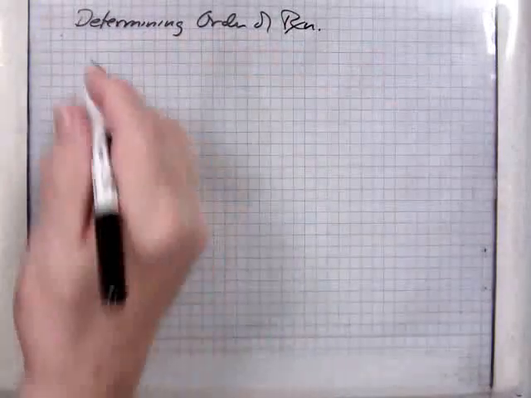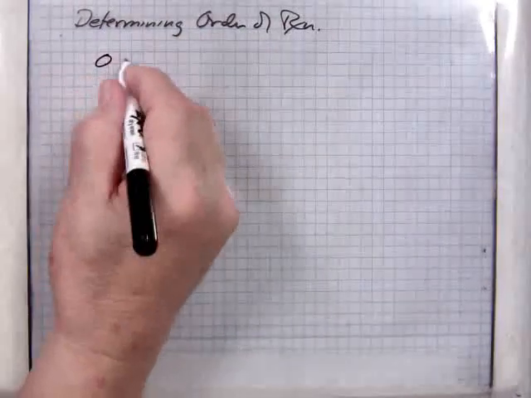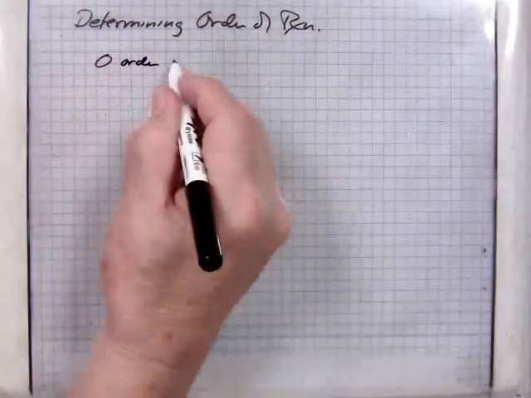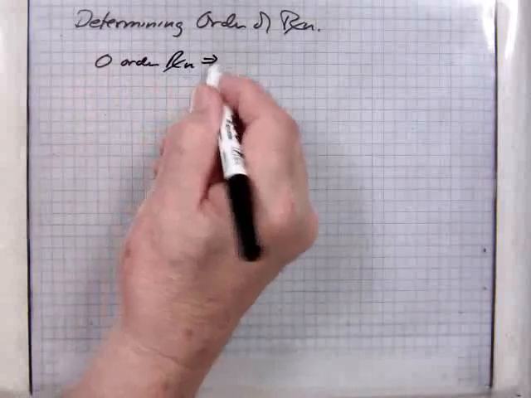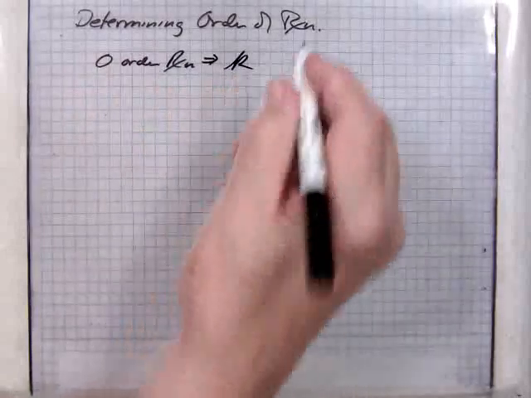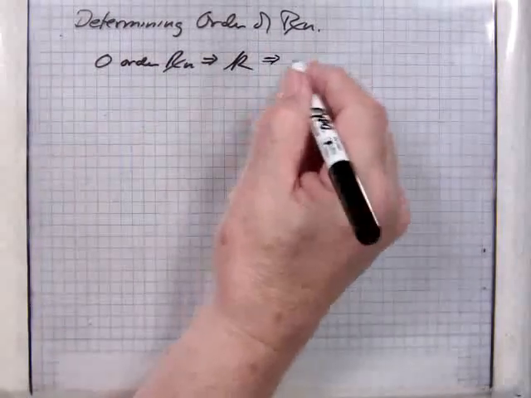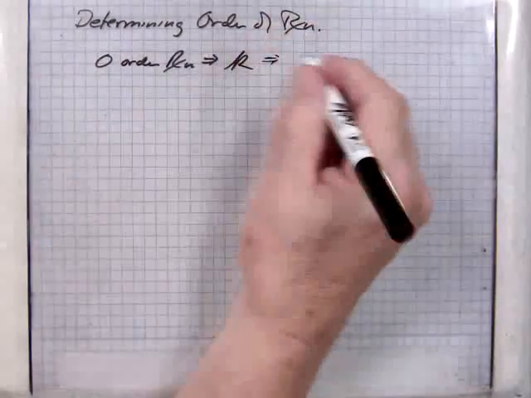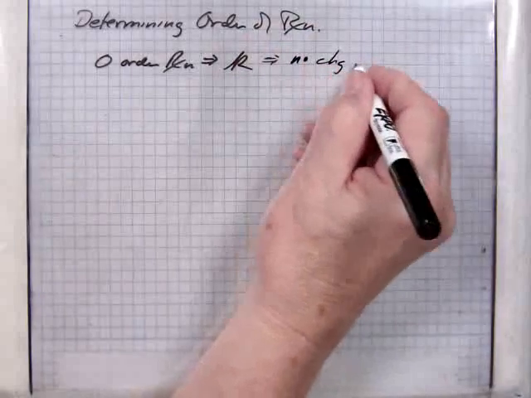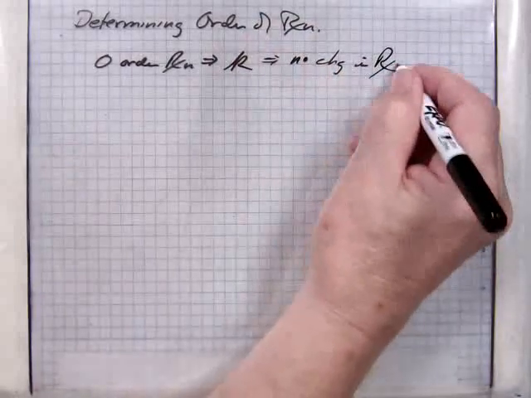Determining order of reaction. A zero order reaction gives a constant equal to K, or no change in reaction rate.